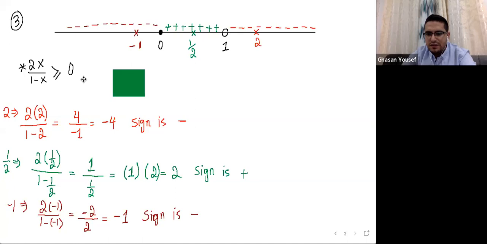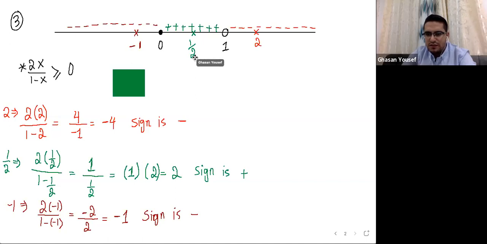Bilal said 0 to 1. Another student, Anta, said from -infinity to 0. But from -infinity to 0, the sign is negative. Look, negative, negative, negative, negative. I'm asking when this will be positive or 0. Bilal said from 0, and the 0 is closed, until 1 is open. This is correct.